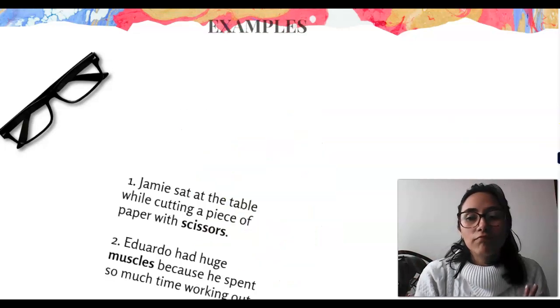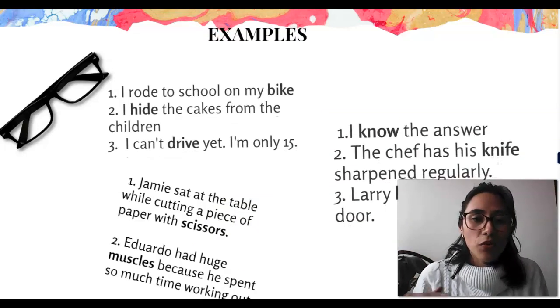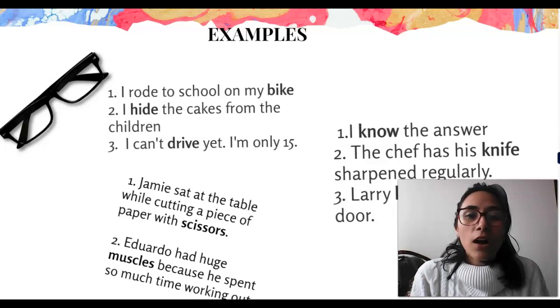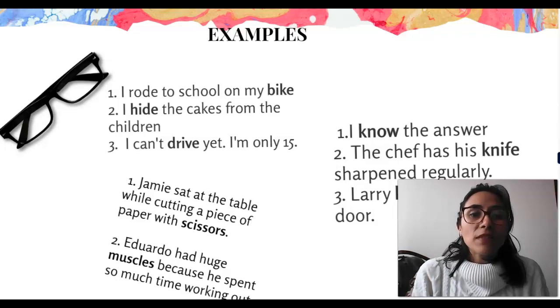You need to forget them when you pronounce. Look at some examples. I go to school on my bike. Look at the word bike. It has a silent vowel, the E, okay?